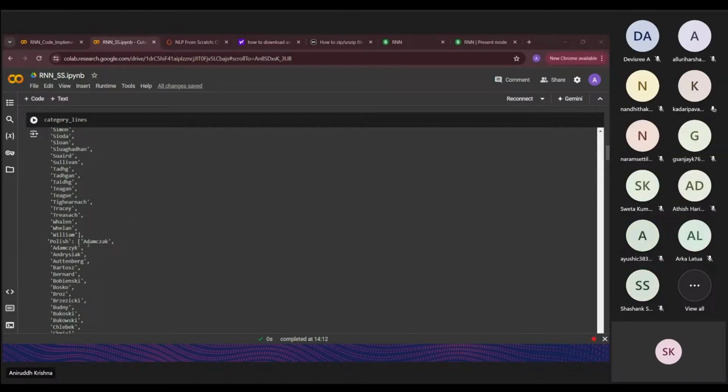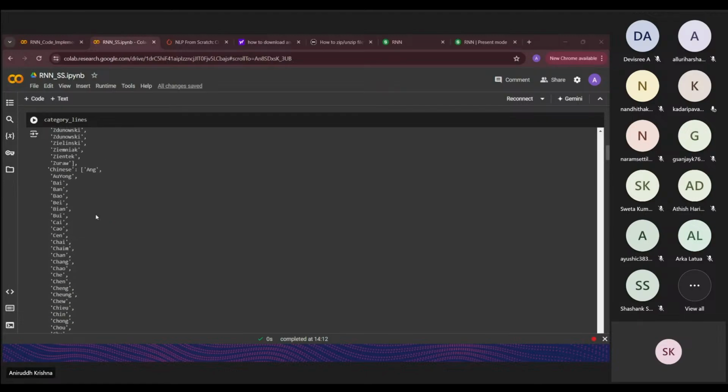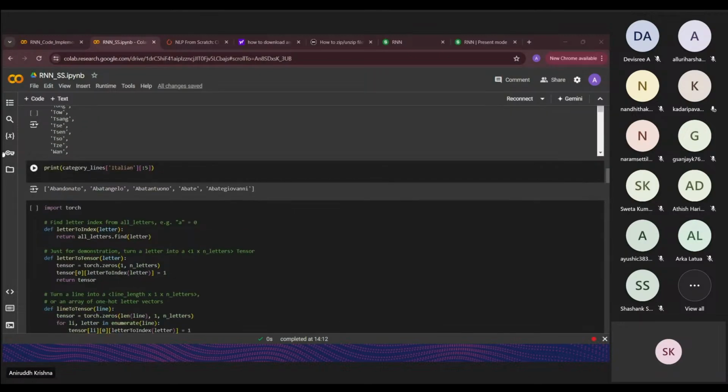And in Polish, the names start alphabetically and go on to Z. And then we have a new language, Chinese, and then similar. Once this is done, I just took the first five names of Italians. So that gave me 5 names starting with A, because of course it's alphabetical. So the first names would always start from A.